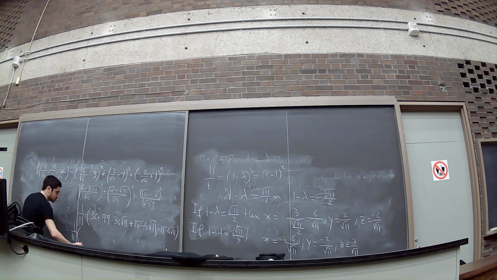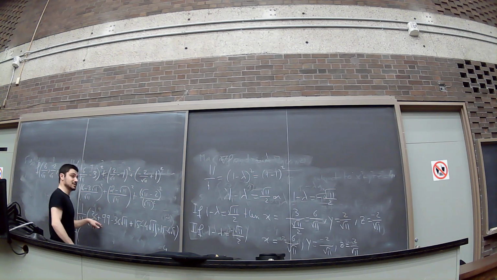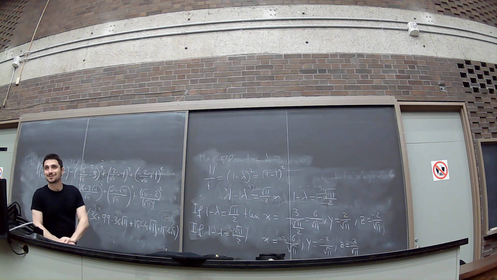1 over 11. 36 plus 99 plus 30. So 66 plus 99, what is that? How do you do 66 plus 99? You add 100 and then you remove 1, right?